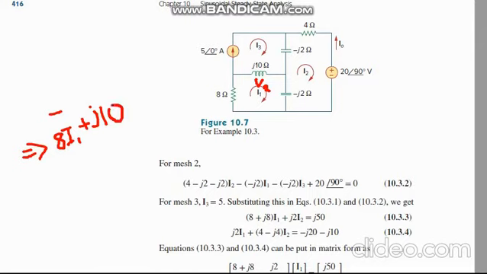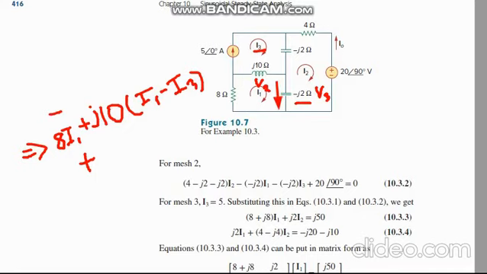So j10 ohms into I1 minus, and the loop current here is I3, plus. Here you can see another voltage drop V3 across this capacitor. So we can easily find out the direction.